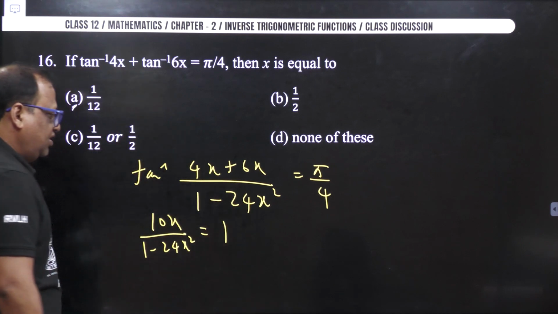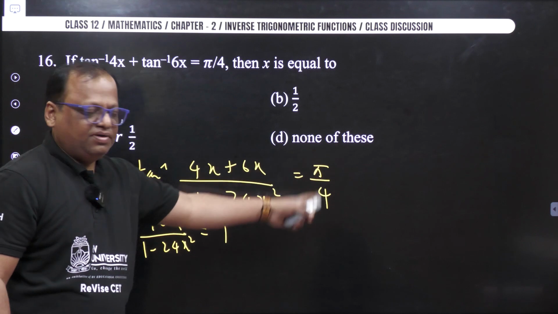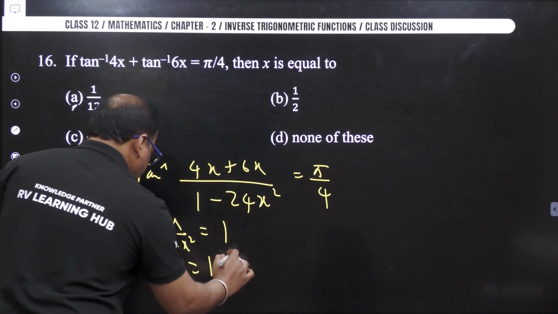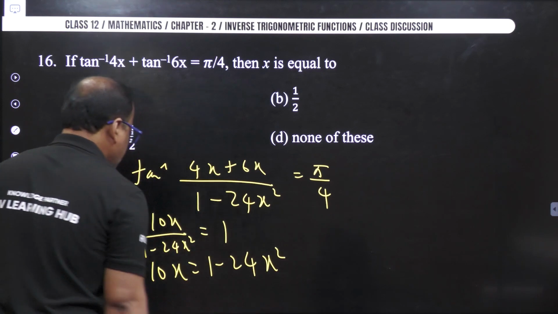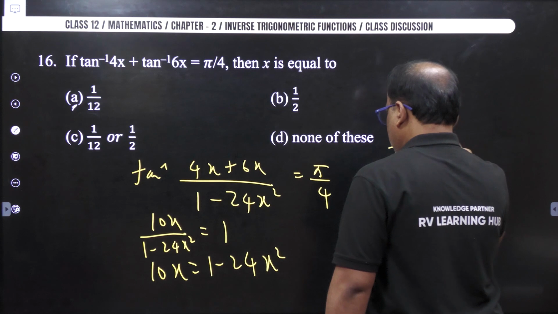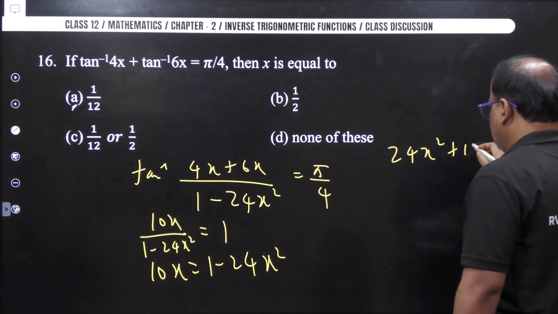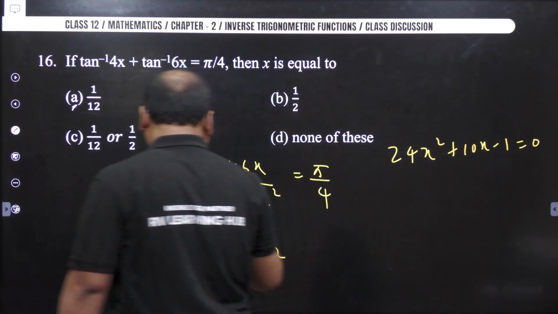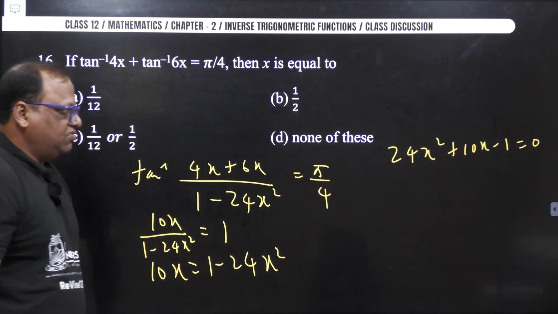Tan pi by 4 becomes 1. Coming this side, tan pi by 4 will become 1. Correct? 24x square plus 10x minus 1 is equal to 0.